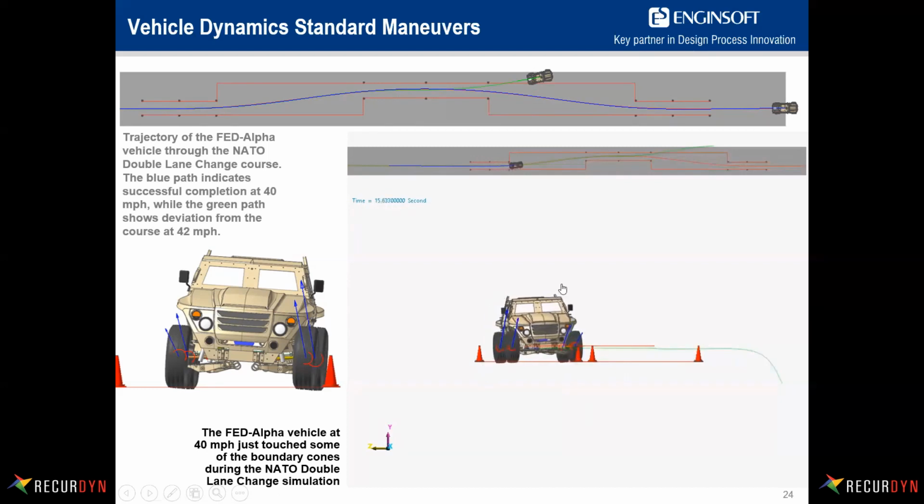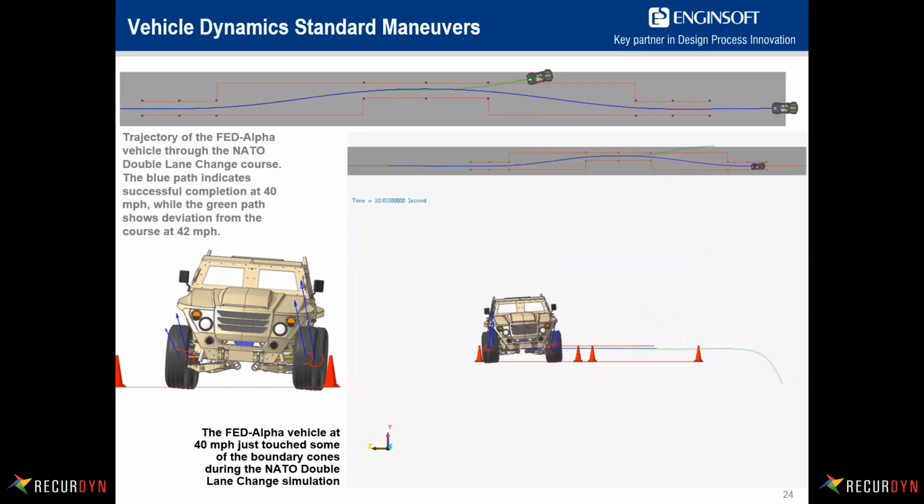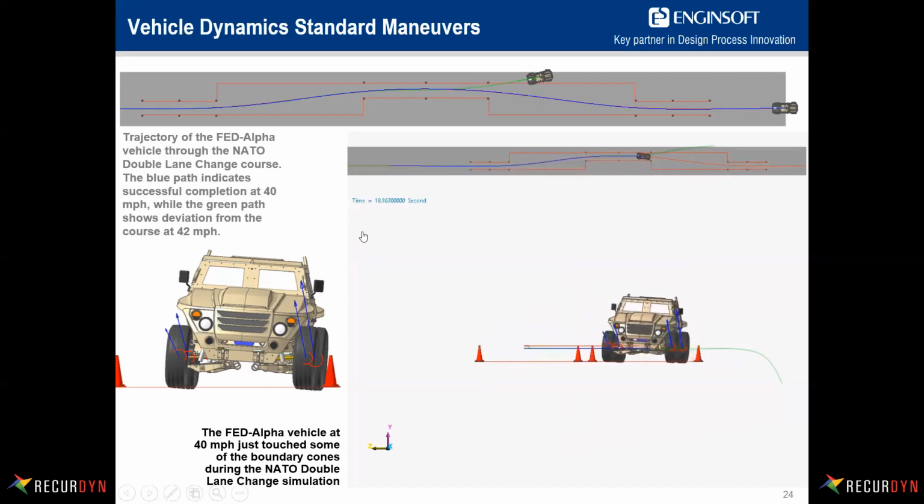To be able to do this kind of advanced simulation manually with a standard general purpose multibody dynamics tool would take a long time to manually set up the track and all the different aspects. But with the process automation of Processnet and the custom dialog boxes, this is so much more approachable.